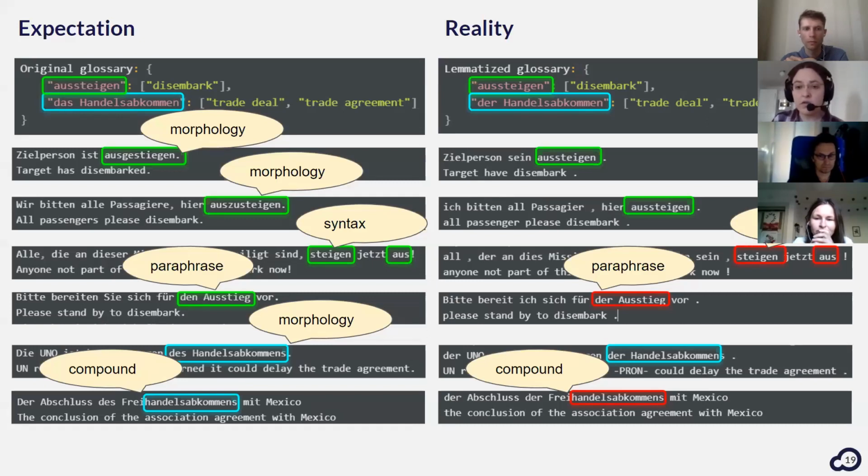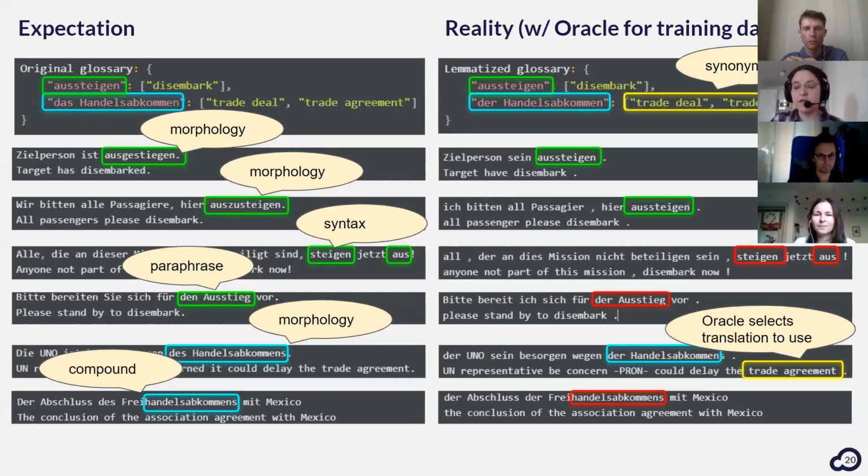One more thing that I want to draw your attention to here is that, like I mentioned at the start, this noun can be translated into two different synonyms in English. And without any additional information, if we're just looking at the source sentence, it's hard to understand which synonym would be the correct one.